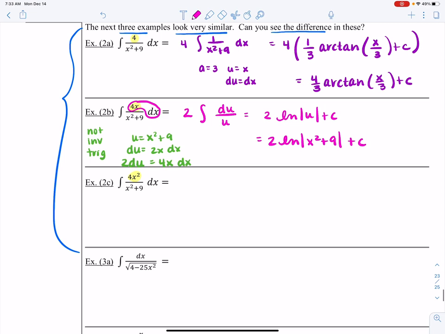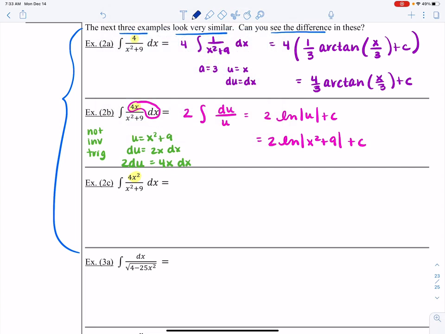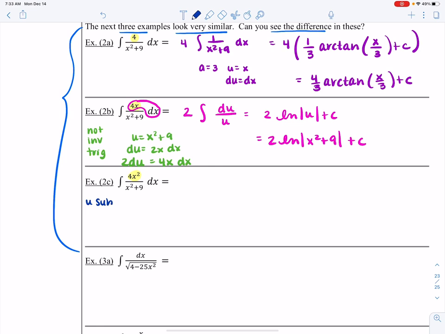Now, the spiciest one of all 3 of these would be 2c. It's not inverse trig. I can't u sub it away, so u sub won't work. So remembering tools we have in our toolbox, let's divide. Unfortunately, you cannot use synthetic division here because my divisor is quadratic.